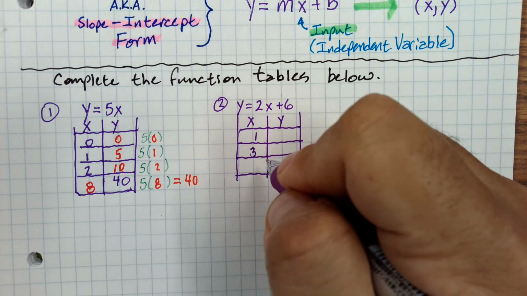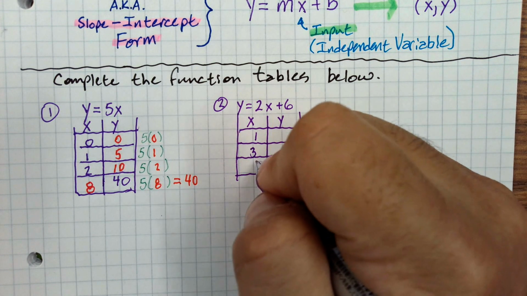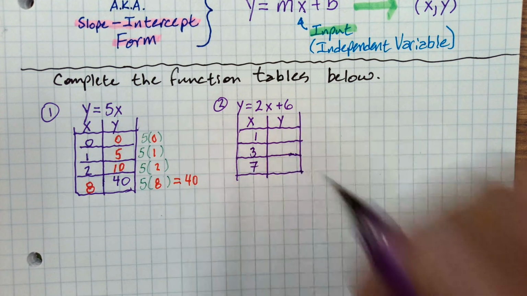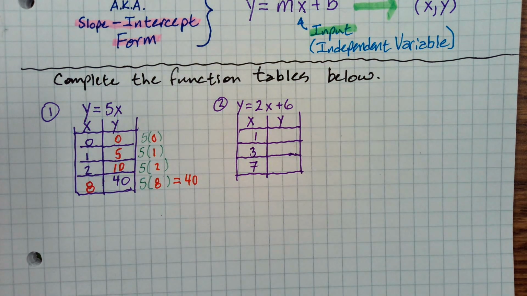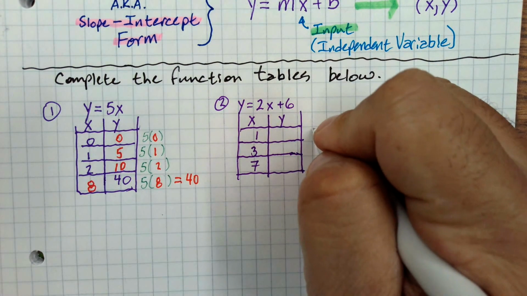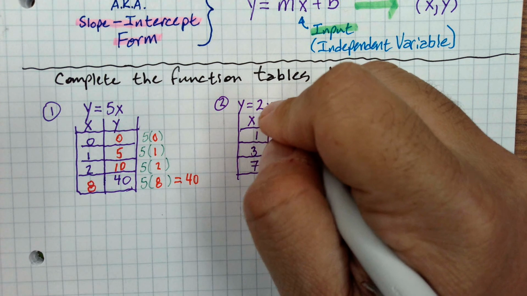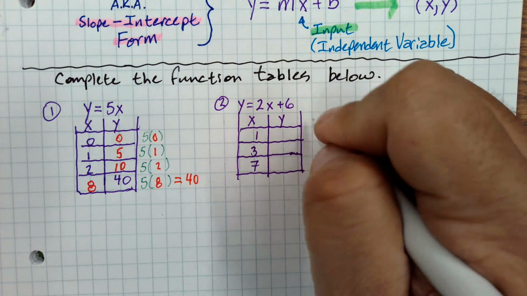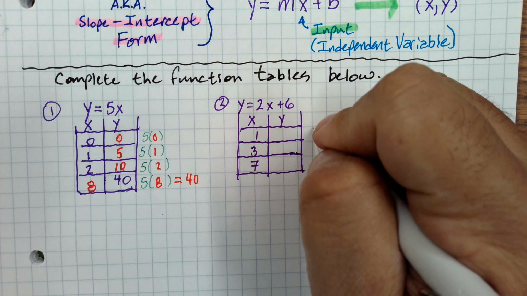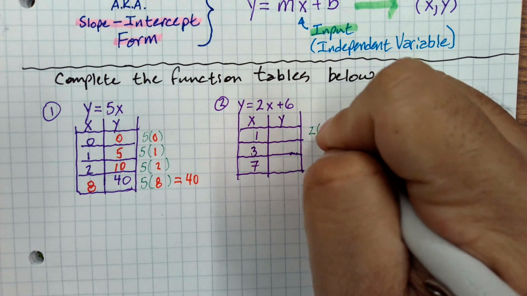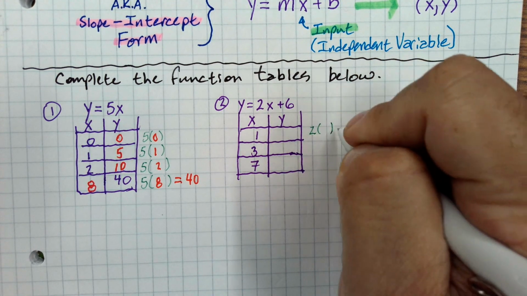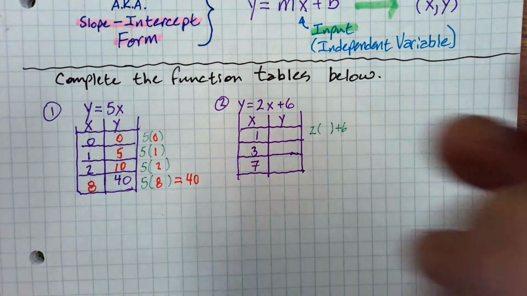And you want to do 7? Let's do 7. 1, 3, and 7. 3 odd numbers. Why not? Okay, so here we go. What I'm going to do is put the actual function, 2 times something plus 6. 2 times, I'll use parentheses for whatever number x is, plus 6.